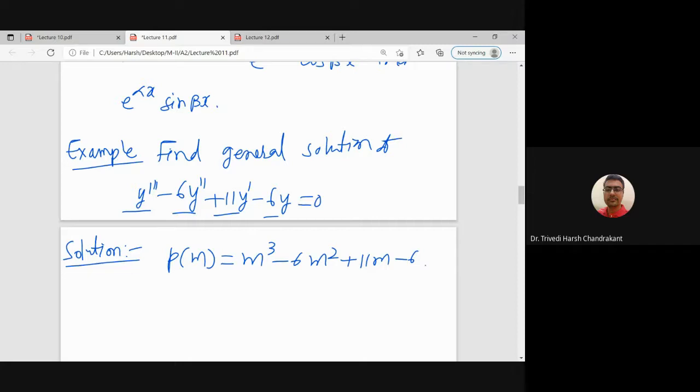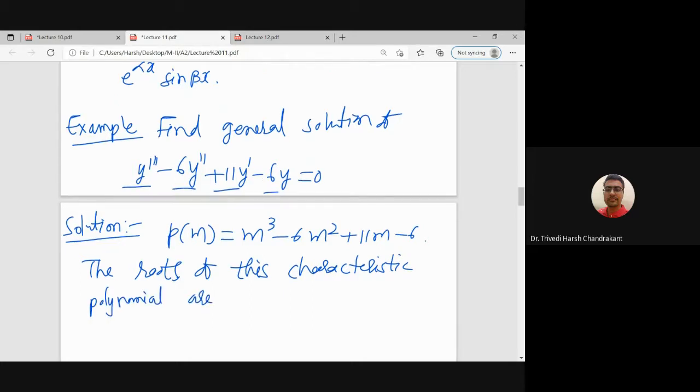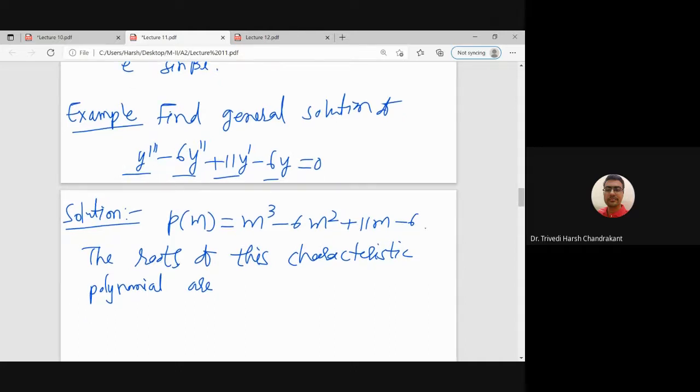All right, so we can easily check the roots of this characteristic polynomial. This is a polynomial of third degree, so that means we will get 3 different roots. The roots are m is equal to 1, 2, and 3.